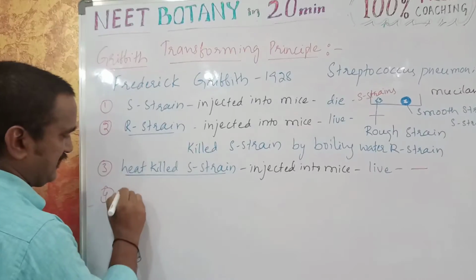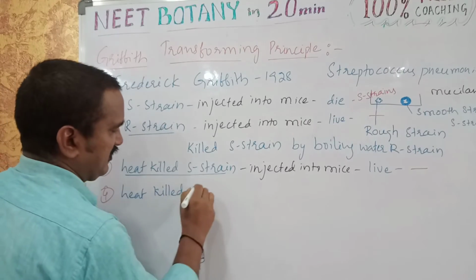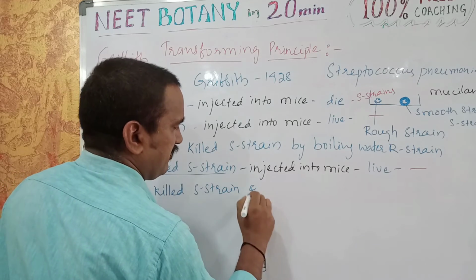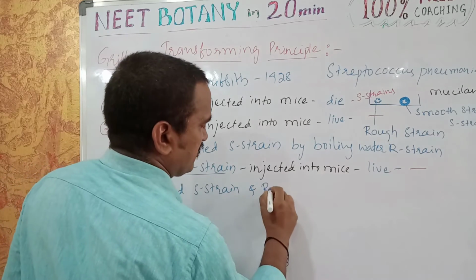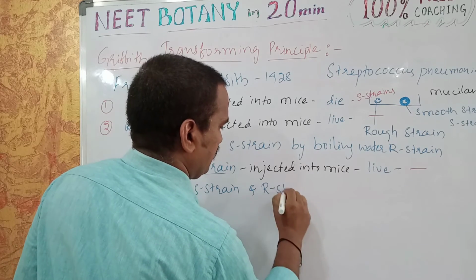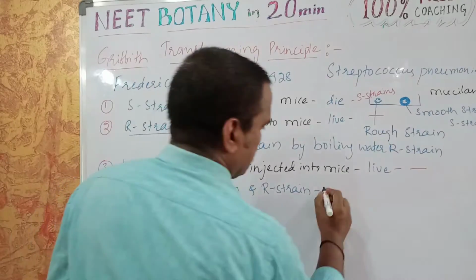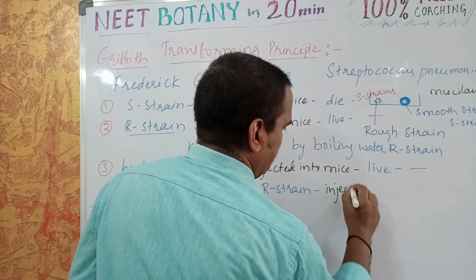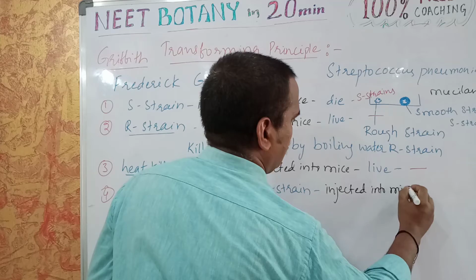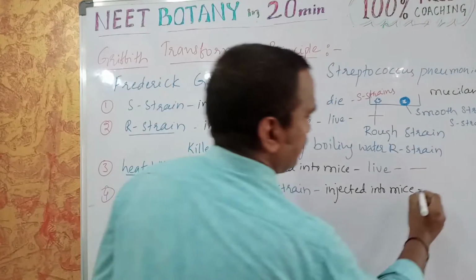What will happen when the heat-killed S strain and the normal R strain are injected into mice? Now the mice died.